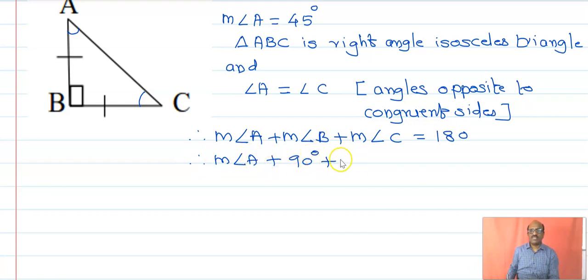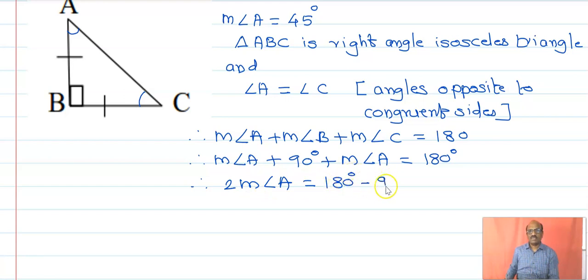And what about the measure of angle C? For that we will also write measure of angle A here, and that is equal to 180 degrees. To solve, therefore 2 times measure of angle A is equal to 180 degrees minus 90 degrees, that is 90 degrees, and therefore measure of angle A is equal to 90 degrees upon 2, that is 45 degrees.